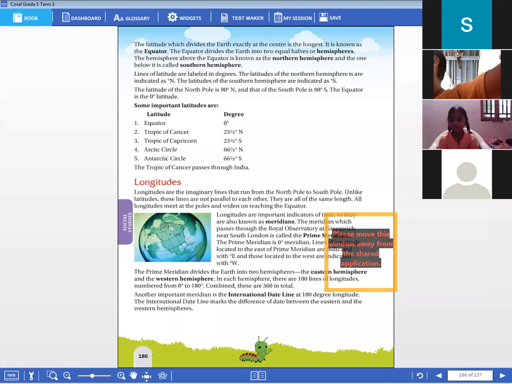Please listen, children, I am telling the differences between longitudes and latitudes so that you can easily remember and understand it.